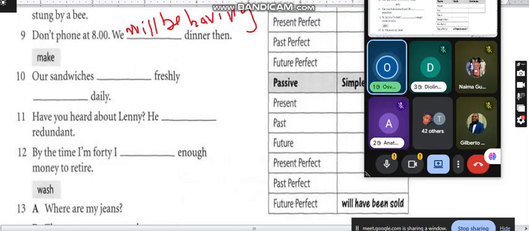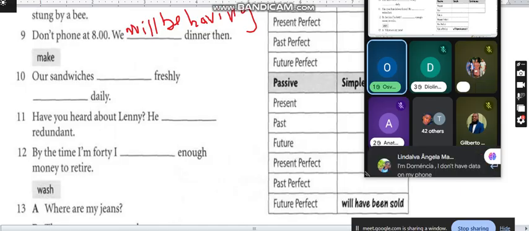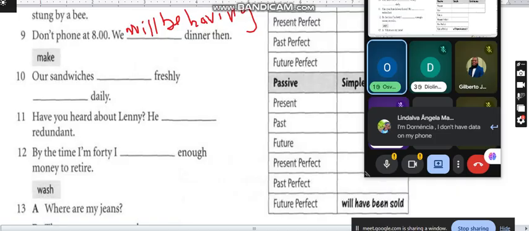Are made. Okay, can you say it again, Osvaldo? I say the answer would be our sandwiches are freshly made daily. Okay, our sandwiches are freshly made daily. In this case, you would prefer to use present simple tense, right? In the passive voice, right? Yes. Okay, thank you so much, Osvaldo.